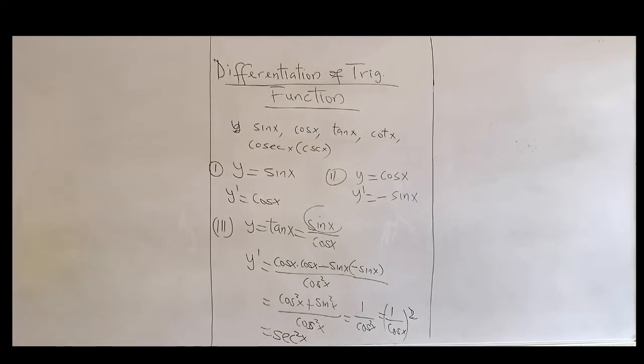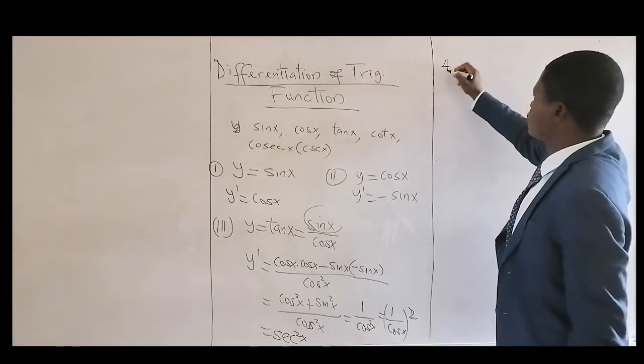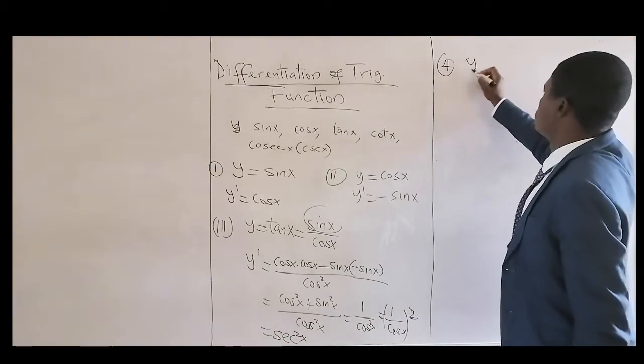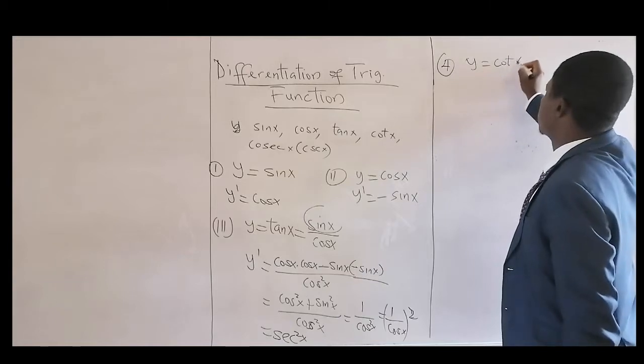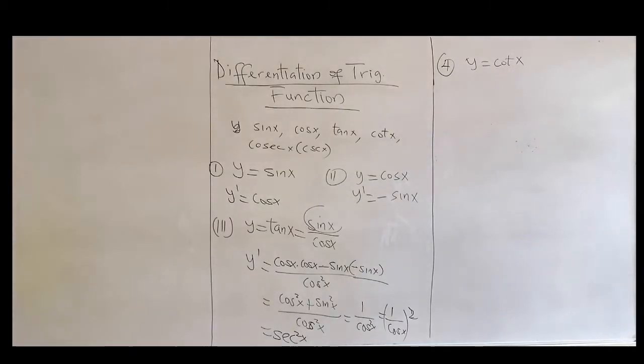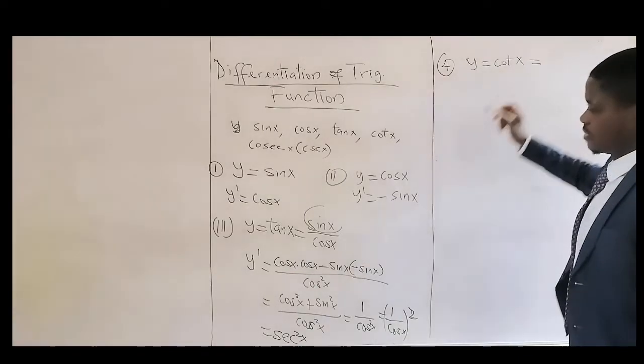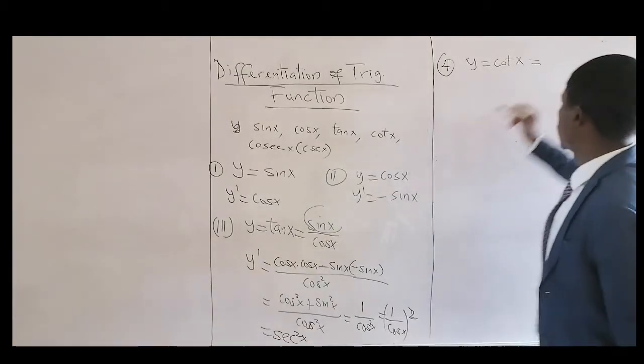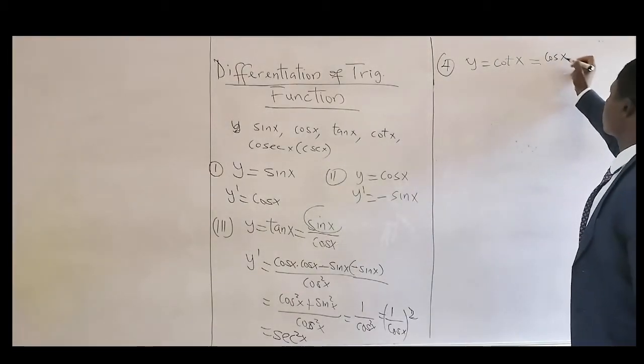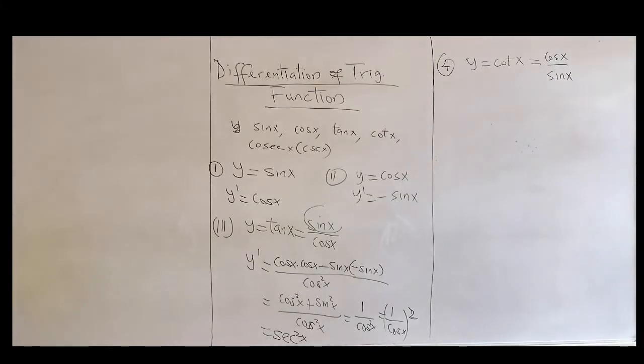So that's the third one. Then the fourth one, cot x. We want to see the derivative of these functions. Cot is the inverse of tangent, so that will be cosine over sine. Apply the quotient rule also, because this is also a fraction.